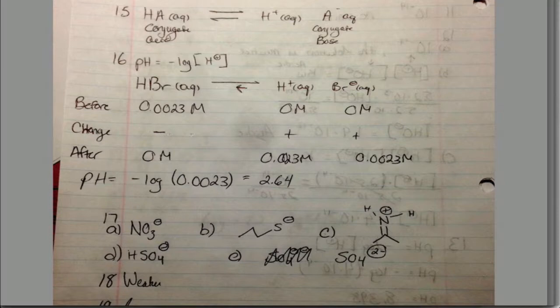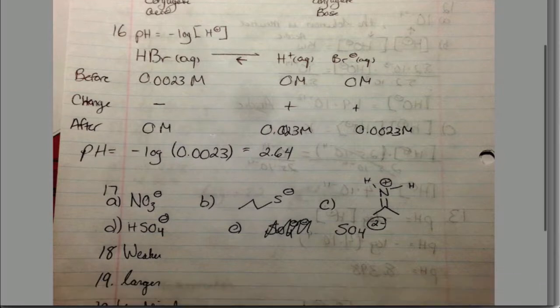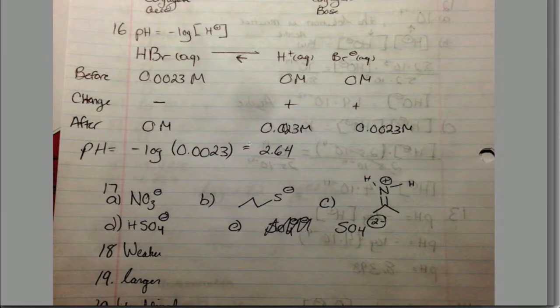The change will be negative what? Negative 0.0023. And then what would be the change in the H plus? Positive 0.0023. And how about the Br minus? Positive 0.0023. Okay, so in order to use these tables consistently, it's important to fill in those numbers in the middle as well. But you got the right answer there for number 16.